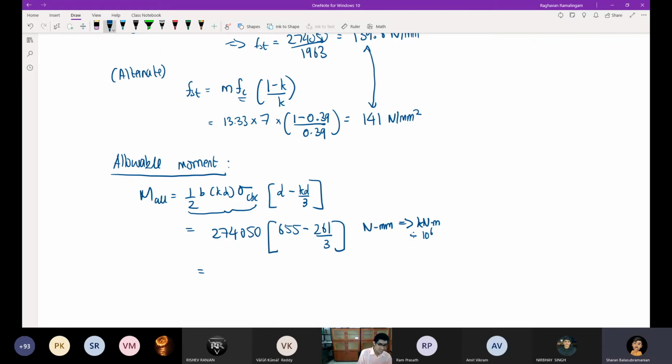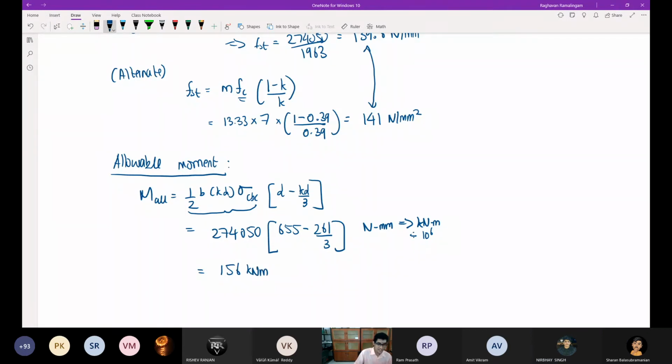So 155.66. Okay, others? Same? Okay, about 156 kilonewton meter.